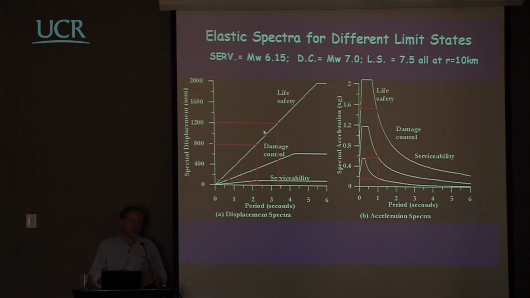And of course, this figure is drawn in this way to make it simpler, because actually we should say that this life safety has been corrected taking into consideration the level of ductility there, and this one has been corrected to a lower extent because the ductility demand is lower. Maybe this has not even been corrected because you have been assuming 5% damping.